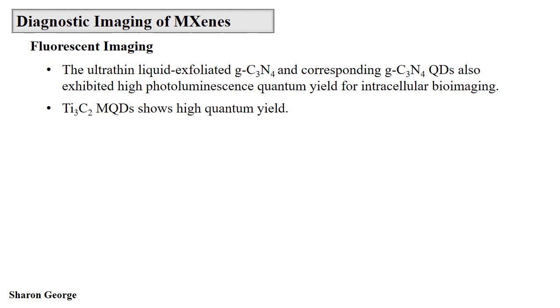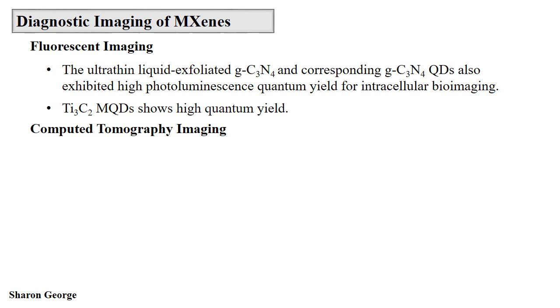Okay, next is computed tomography imaging. This is one of the widely used medical imaging techniques worldwide. Nanomaterials which contain high atomic number elements have been explored as CT contrast agents.